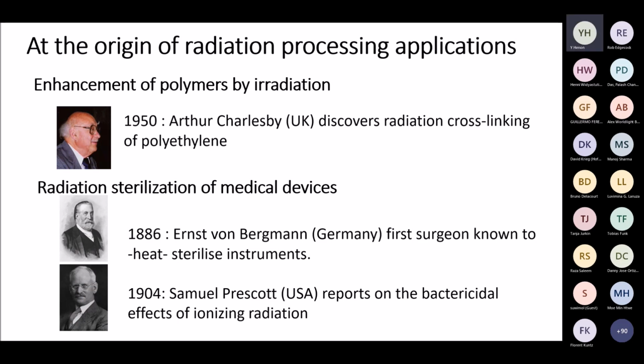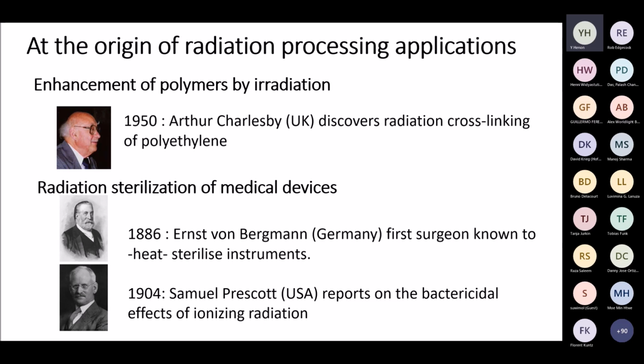At the origin of radiation processing application, here I only name a few because there are many applications, as we will see. And we cannot name them all, and actually we don't know them all. For some, say, secondary application, we don't really know where it came first. Certainly in the case of polymer modification, it's quite clear.